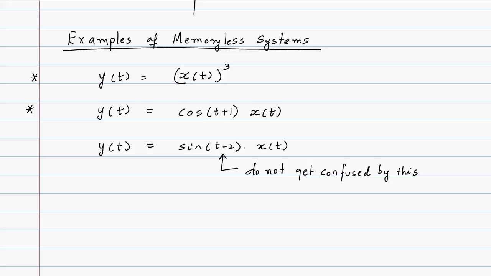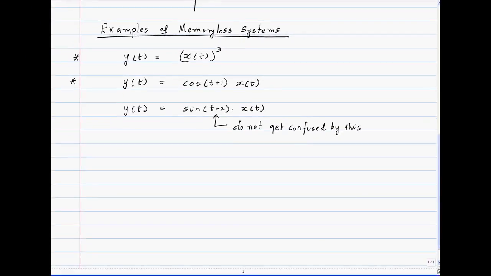Now the only thing that you may have to be a little bit careful about is that sometimes this relationship between x of t and y of t may be a little bit tricky. So I will try to give you another example here.